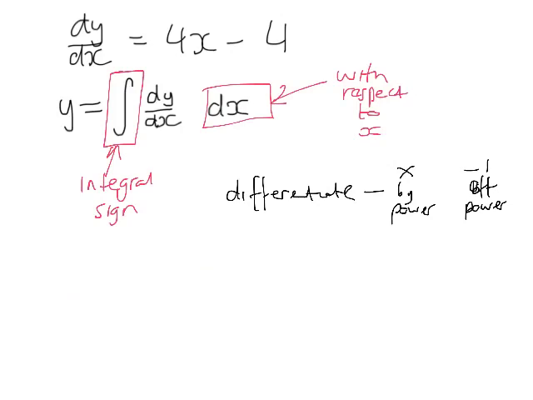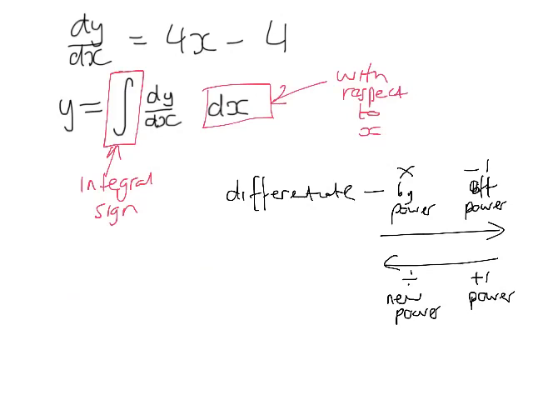So that's our process of differentiation. If we want to reverse that, then the first thing that we need to do is add 1 to the power, and the second thing we need to do is divide by the new power. So that's going to reverse what we've done with differentiation.